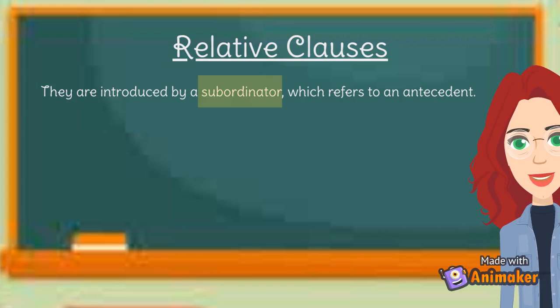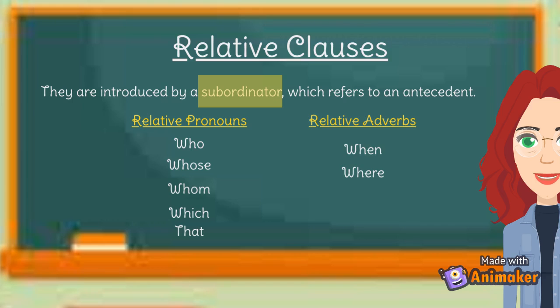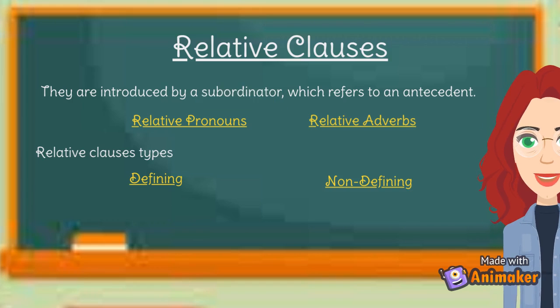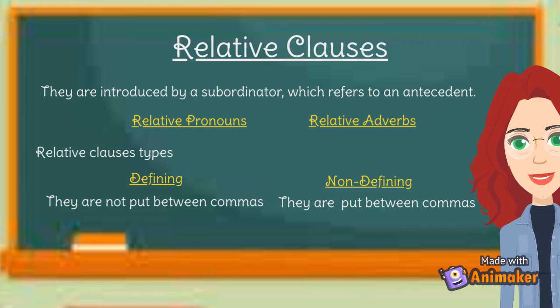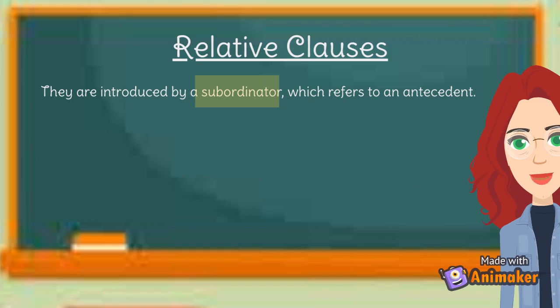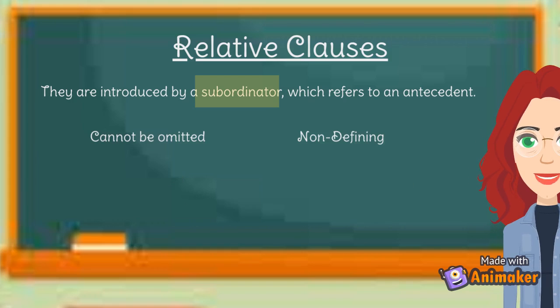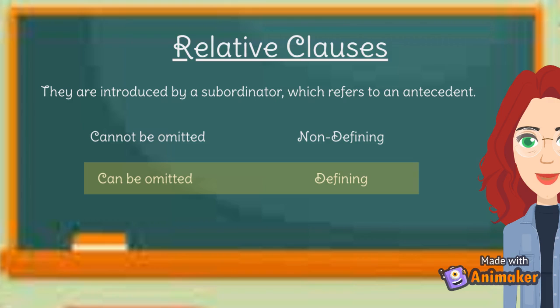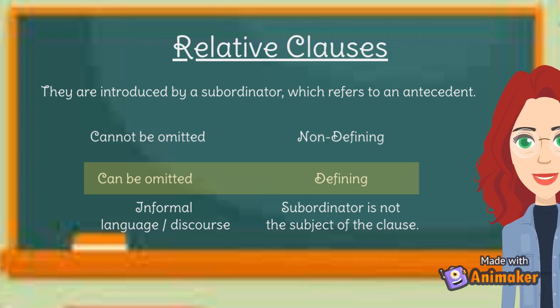That subordinator can be a relative pronoun or a relative adverb. Relative clauses can be defining or non-defining, depending on the punctuation and the context. Also, remember that subordinators cannot be omitted in non-defining relative clauses, but they can be in defining clauses, just in informal language or when the subordinator is not the subject of the clause.